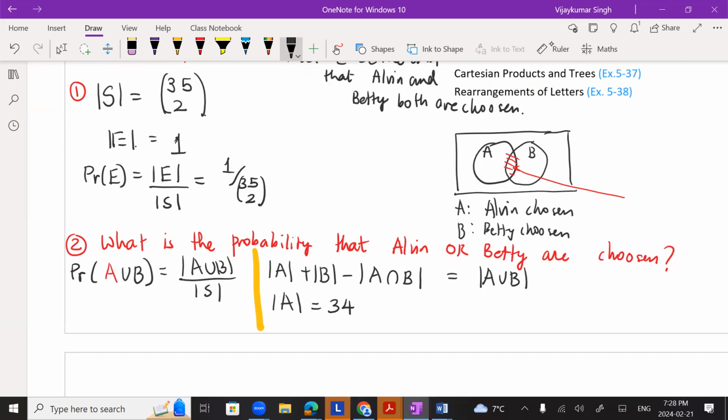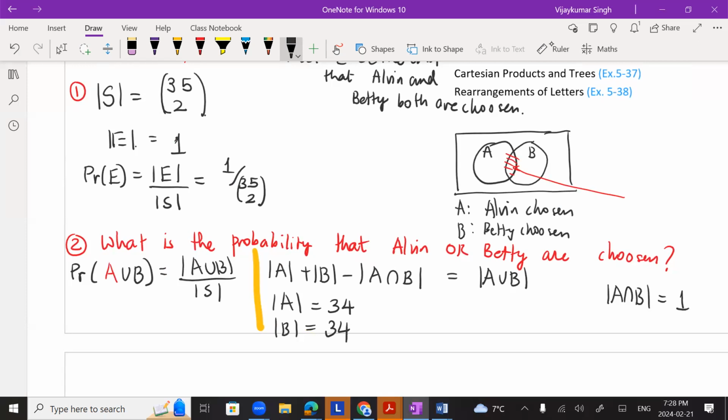All right. Similarly, what is the size of B going to be? 34 as well, right? Betty is chosen as one person and the other person has 34 options. So it's basically, as you said, 34 choose one, or 34, they are the same thing. Okay. Now, what about A intersection B? Exactly one, right?